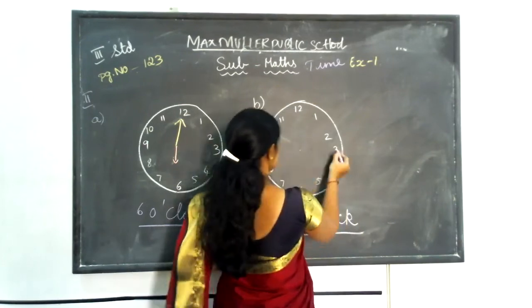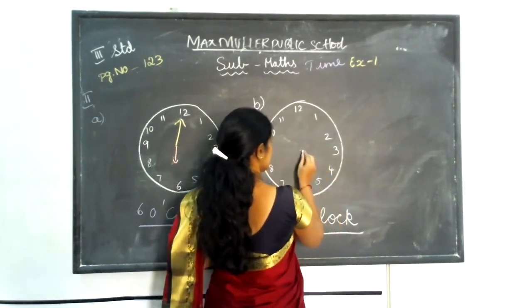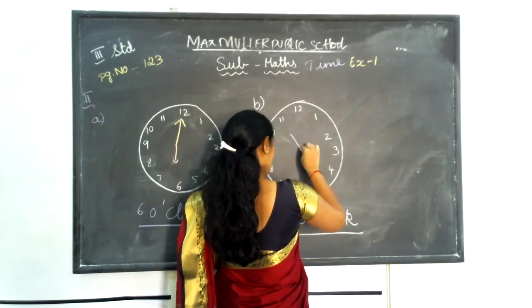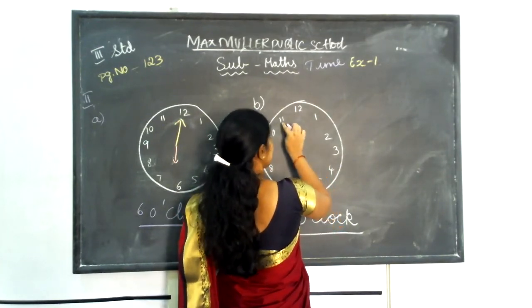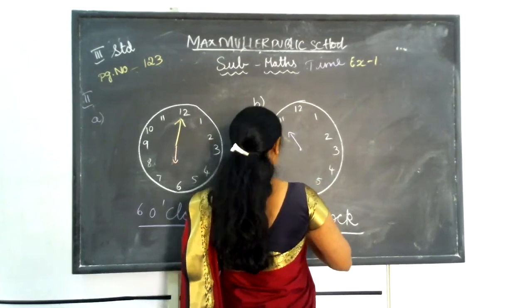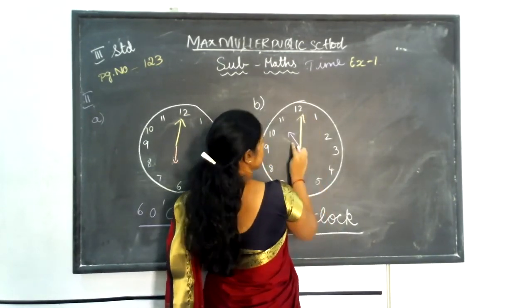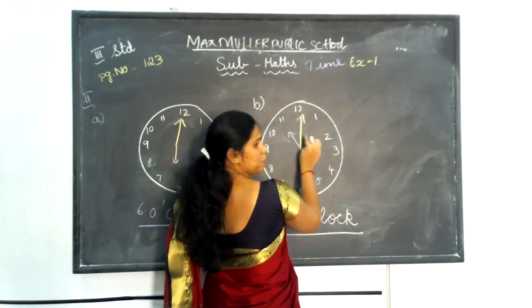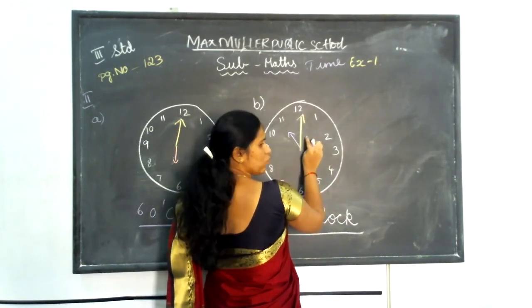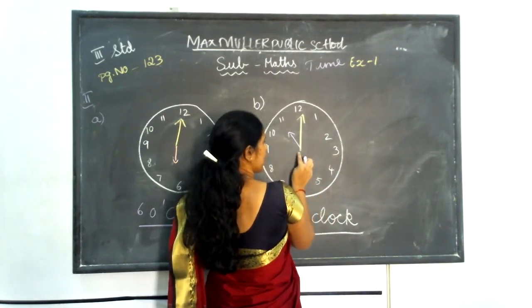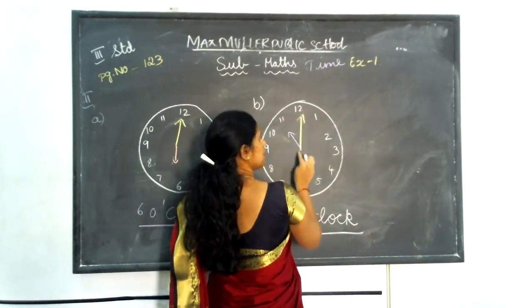Put a dot in between 9 and 3. So put a dot there. Here, the small hand should indicate 11. The long hand should indicate 12. Compared to this one, the long hand should be a little bigger. Don't draw equally. Compared to this short hand, the long hand should be a little bigger.